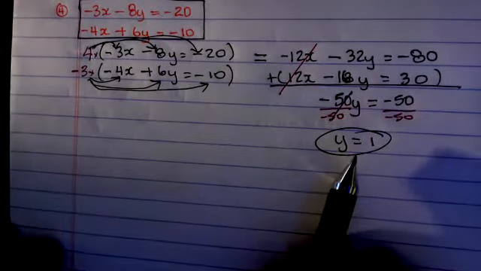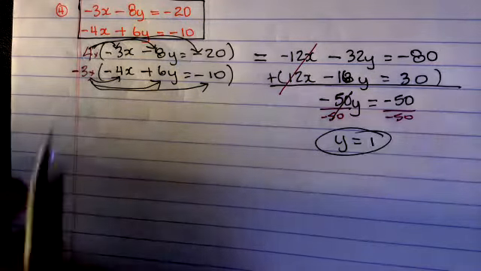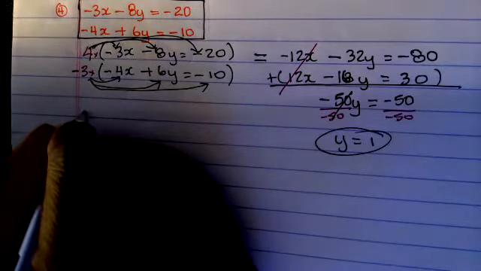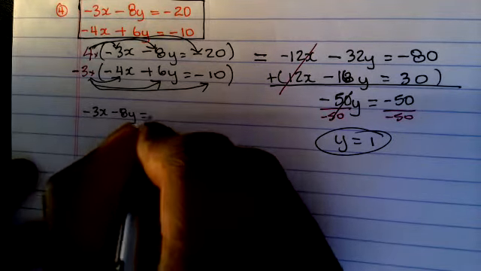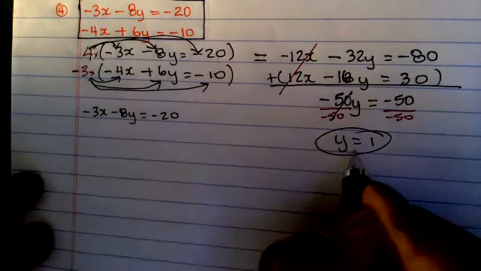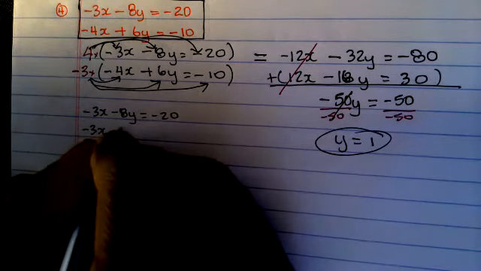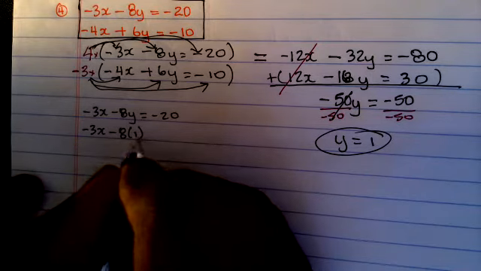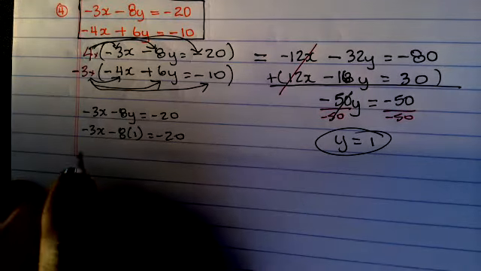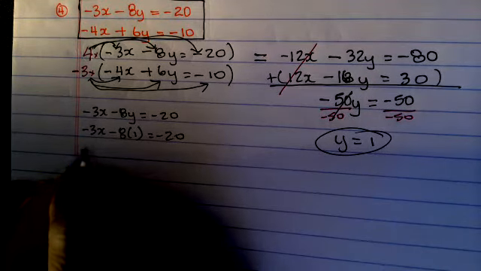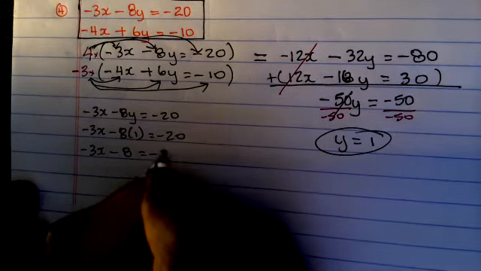So now I can go back to my original equations. I'm going to take the one in the box here: negative 3x minus 8y is equal to minus 20. Wherever I see y, I'm going to put 1. So negative 3x minus 8 times 1 is equal to negative 20, so negative 3x minus 8 is equal to negative 20.